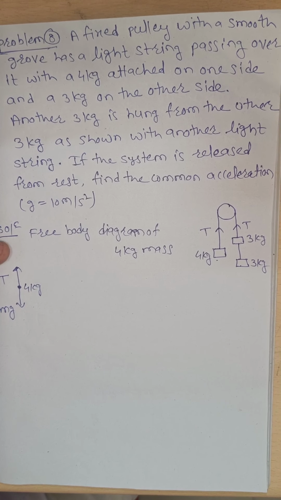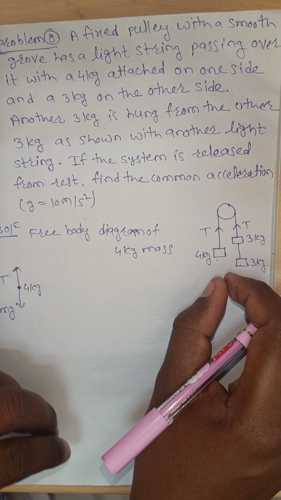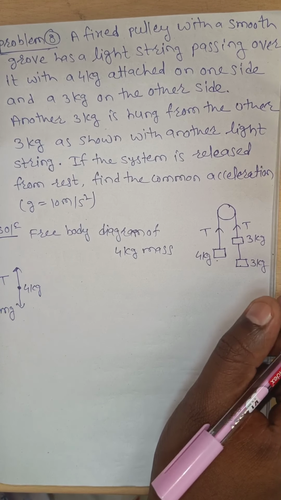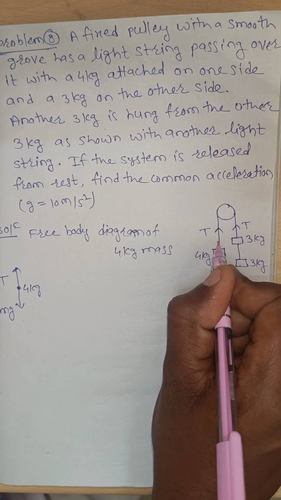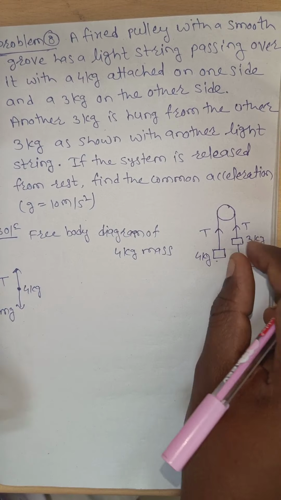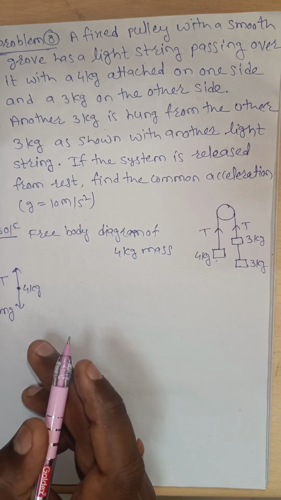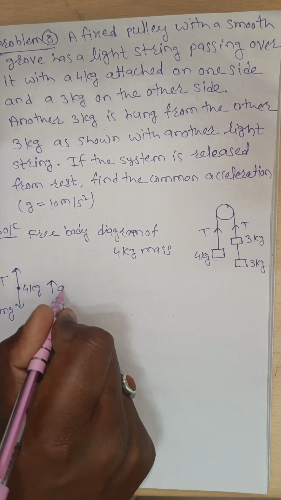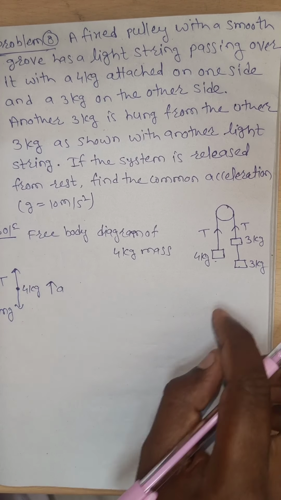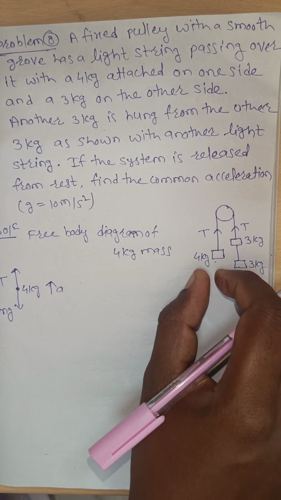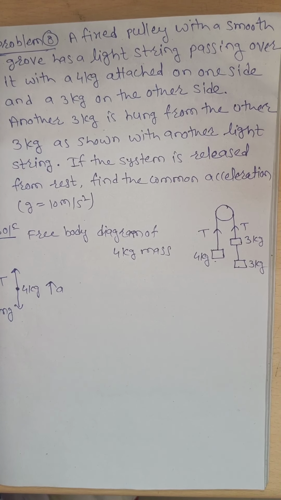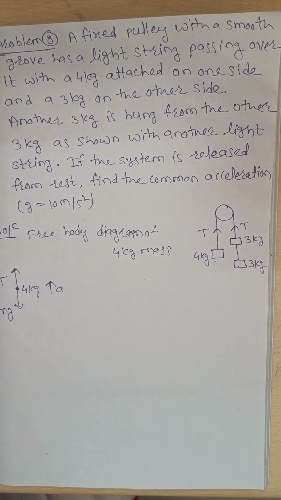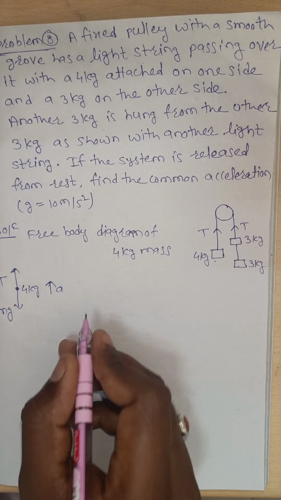Now if you release this from rest, what happens? This string is moving in an upward direction, which means this 4 kg mass moves upward, so the direction of acceleration is upward.